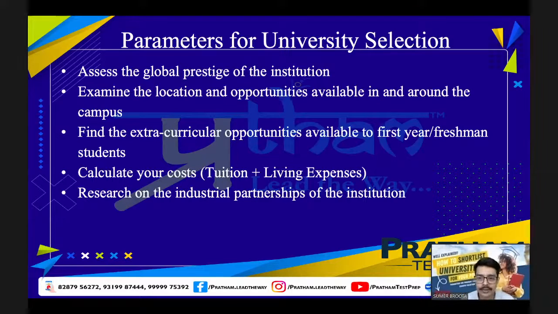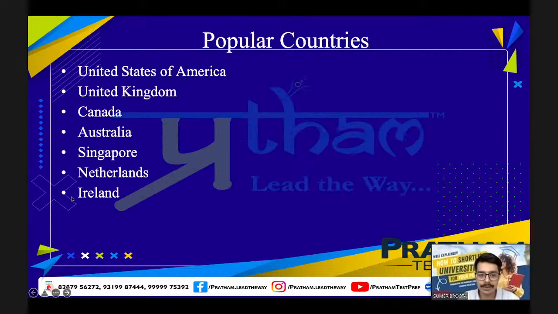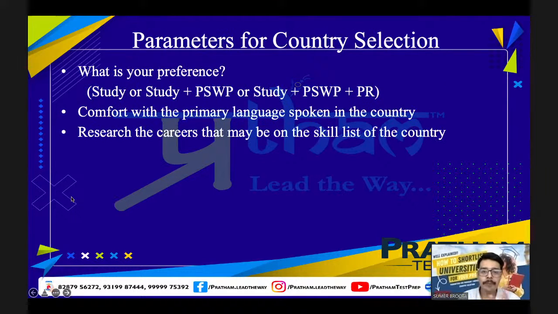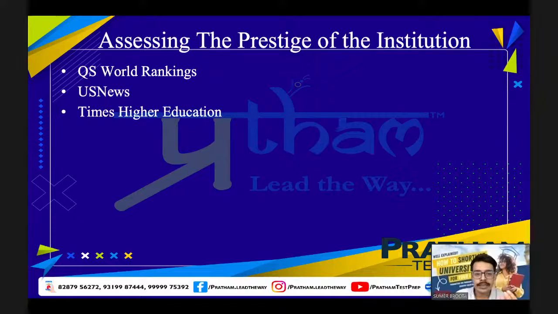Maybe they're coming in for some sort of campus drive, or they're coming in for certain lectures or something along those lines, right? But how do you basically assess the global prestige of the institution? There are certain ranking indicators for this, right? So one is, of course, assessing through the QS World Ranking System.